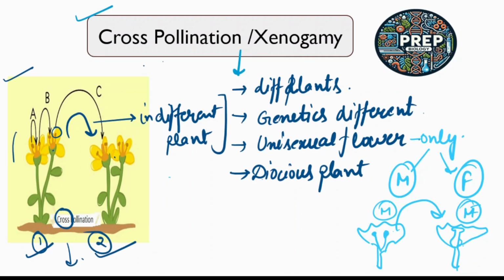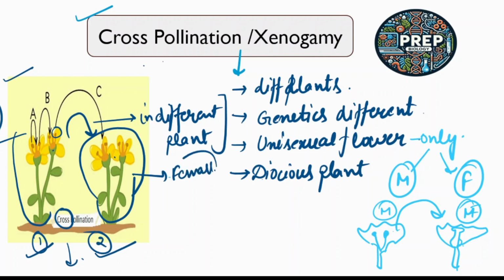So this plant contains flowers that contain only male parts, and this plant contains only female flowers. That plant is called a dioecious plant. I hope this is clear.